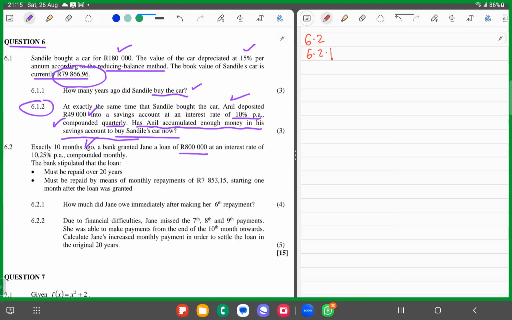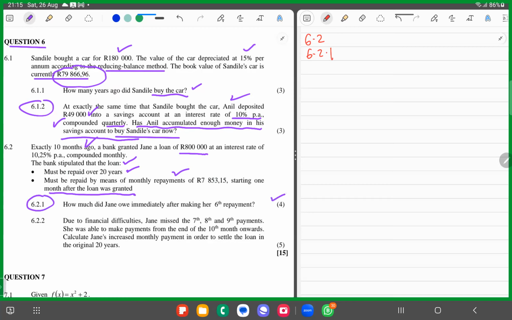The bank stipulated that the loan must be repaid over 20 years, by means of monthly repayments of 7,853.15, starting 1 month after the loan was granted. So in 6.2.1, how much did Jane owe immediately after making the sixth payment?